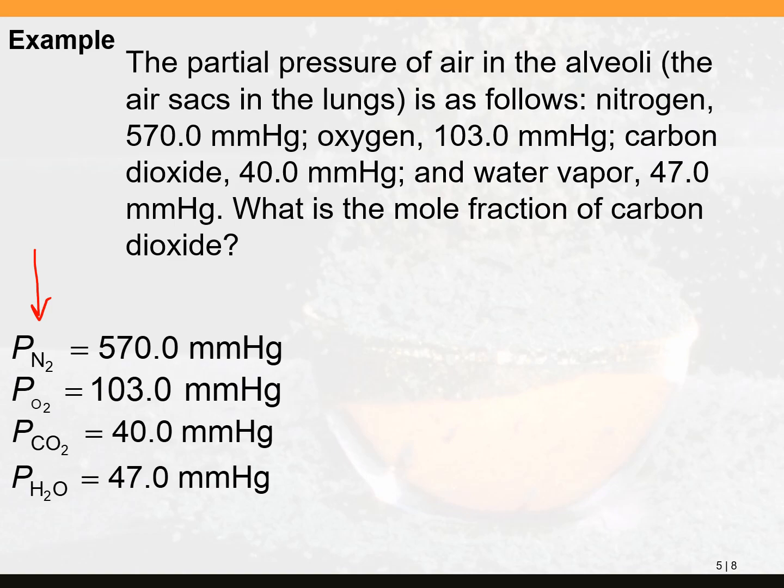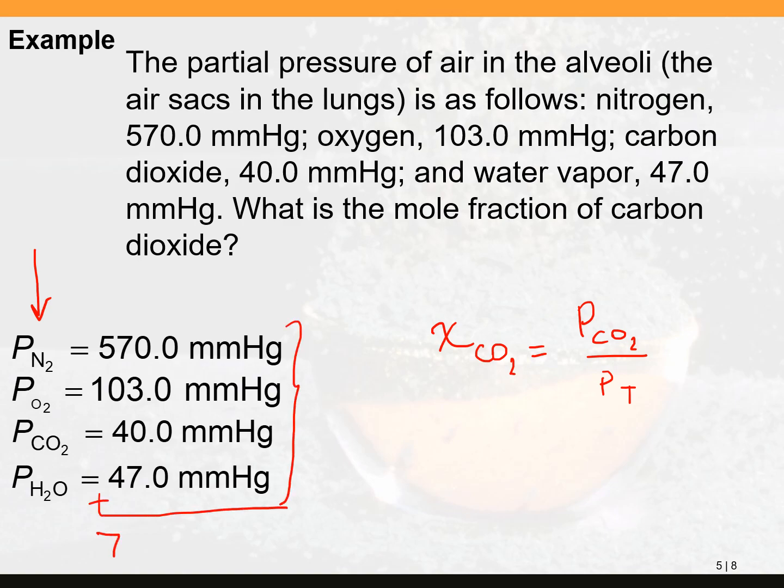Because we're given pressures, the mole fraction of carbon dioxide can be calculated using the partial pressure of carbon dioxide divided by total pressure. The total pressure is the sum of all these pressures. If you add them up, it will give you 760 millimeters of mercury. And we know the partial pressure of carbon dioxide, so we can directly plug into this equation.